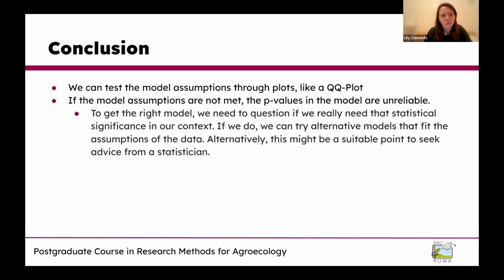So overall, we can test the model assumptions through plots like a QQ plot. If the model assumptions are not met, the p-values in the model are unreliable. But it's only the p-values that are unreliable when these model assumptions aren't met. And that's kind of what we saw in the previous section when we looked at topic 9, and we fit to our CALS data an ANOVA and an analysis of deviance.